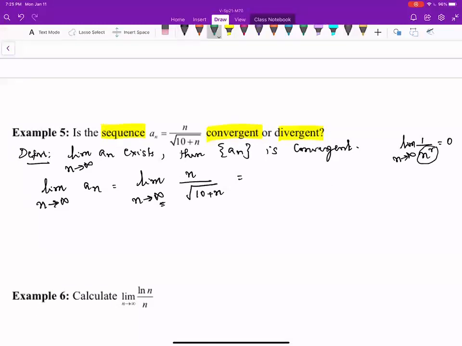Here we are going to divide the numerator and the denominator by just n.